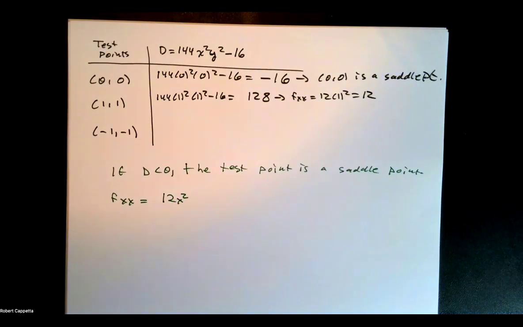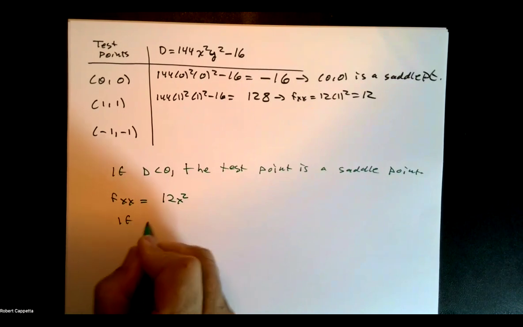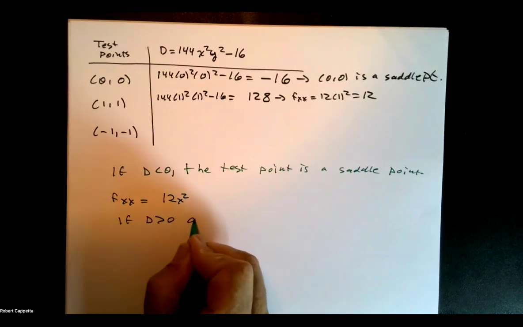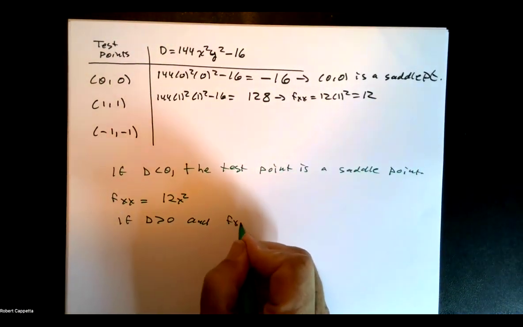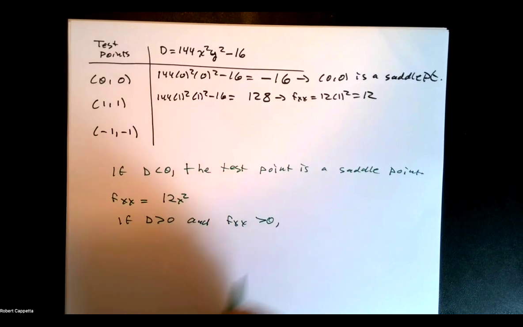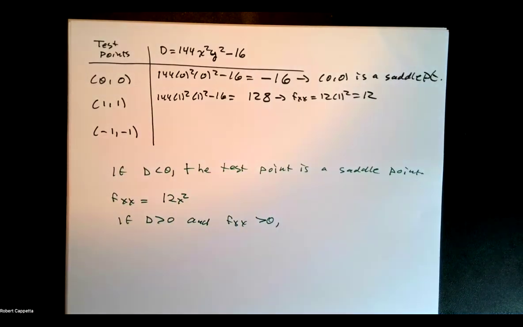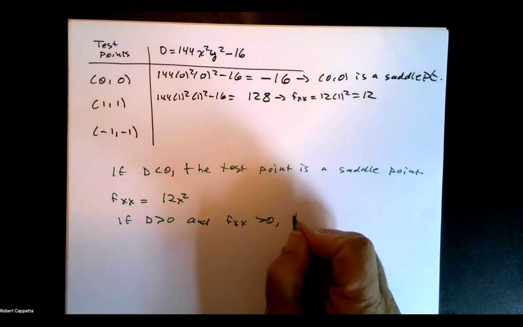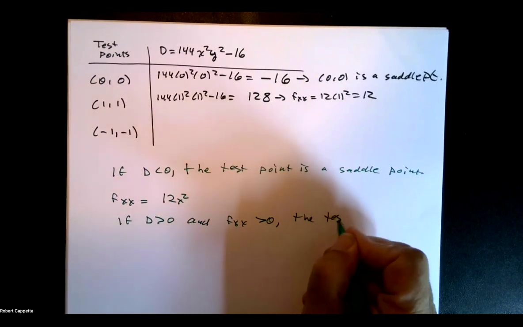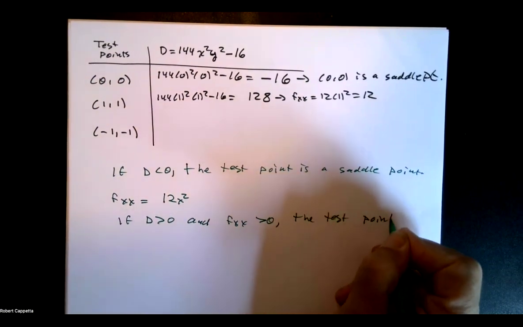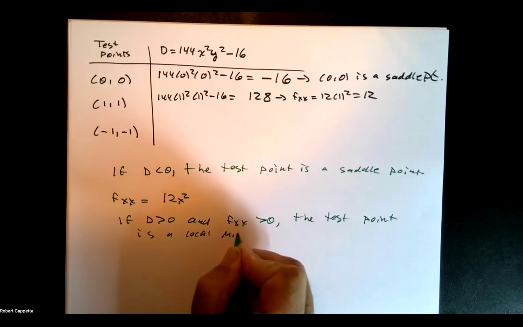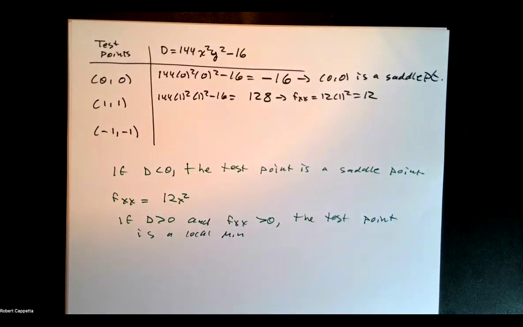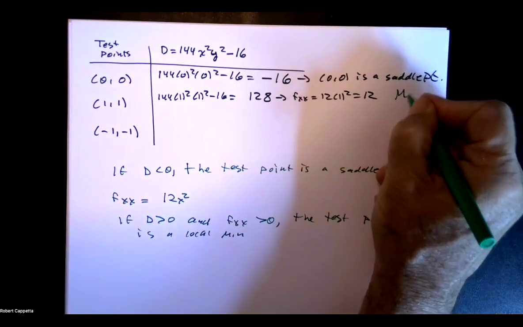So what does that tell me? What's my rule there? So D is positive. If D is positive, and in this case, fxx is positive, then the test point is a local minimum. So this tells me 1, 1 is going to be a minimum.